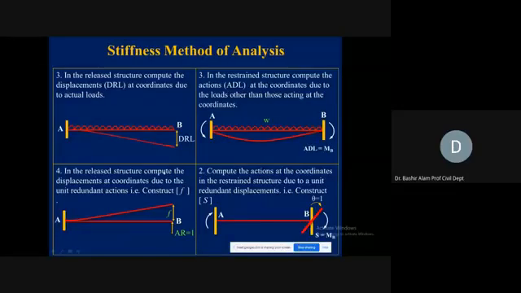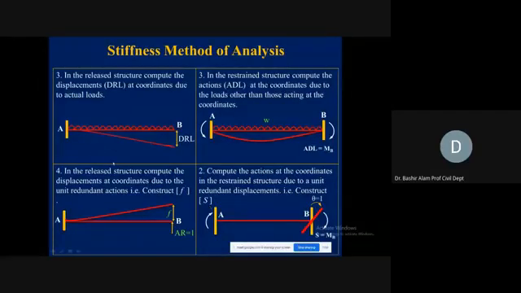In the release structure compute the displacements at coordinates due to the unit redundant actions, that is construct F. यहाँ पे हम क्या करेंगे, compute the actions at the coordinates in the restraint structure due to a unit redundant displacement and construct the stiffness coefficient matrix.